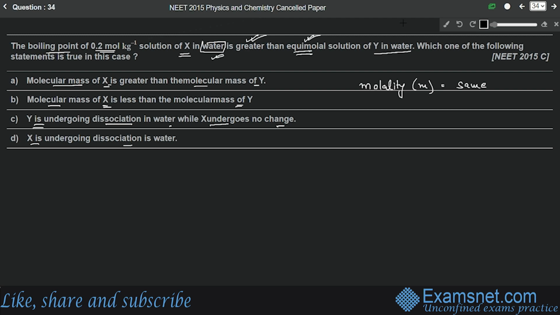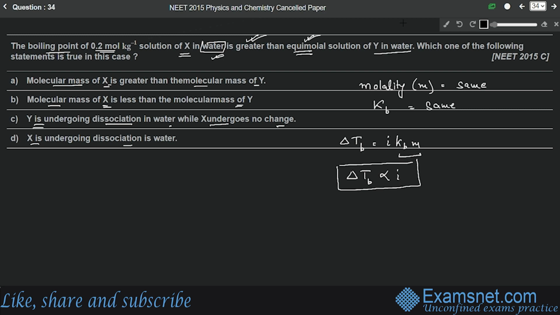So for same solvent the value of the constant Kb is same, and we know that the formula for elevation in boiling point delta Tb is equal to i into Kb into molality m. Here Kb and m are same, that means delta Tb will depend on the Van't Hoff factor i, right?